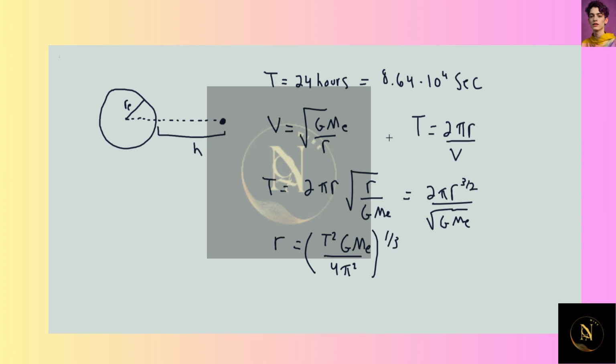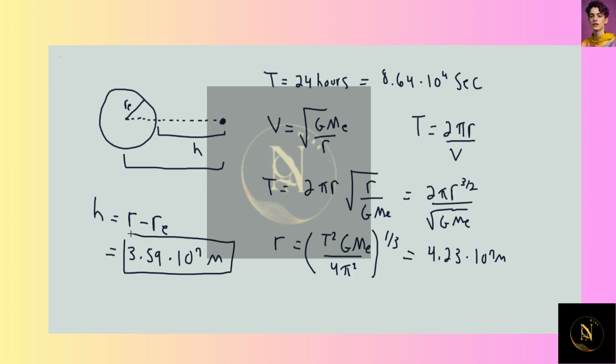T is the value we found up here, we look up the mass of the Earth, and we know G. We compute this as 4.23 times 10 to the 7th meters. But remember, that's the total r, and we just want h. So h will be r minus r_E, and when we do that, we get 3.59 times 10 to the 7th meters.